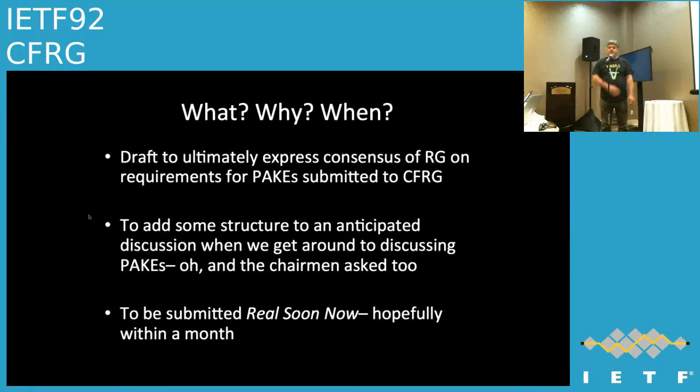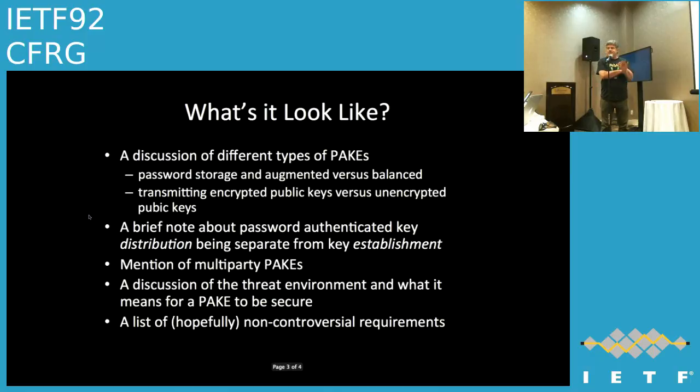It's being actively edited now, and we're hoping to have a 0.0 draft submitted real soon now. Next slide. Basically, it's just describing some of the different options you could have in a PAKE and the different features, so that when people start proposing their PAKEs, they'll be able to refer back to what features their particular PAKE has.